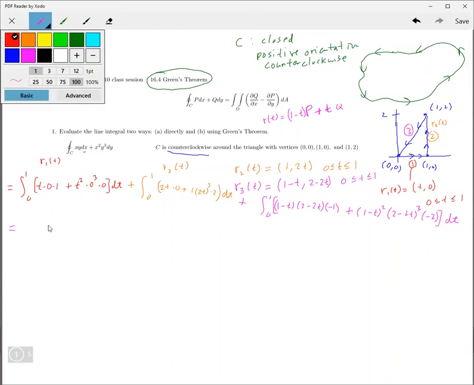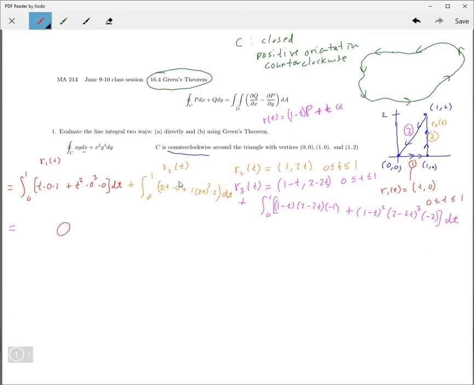Okay, so great. That's all 0, and that's all 0 too. But here we have 16t cubed. And then this one is tricky.